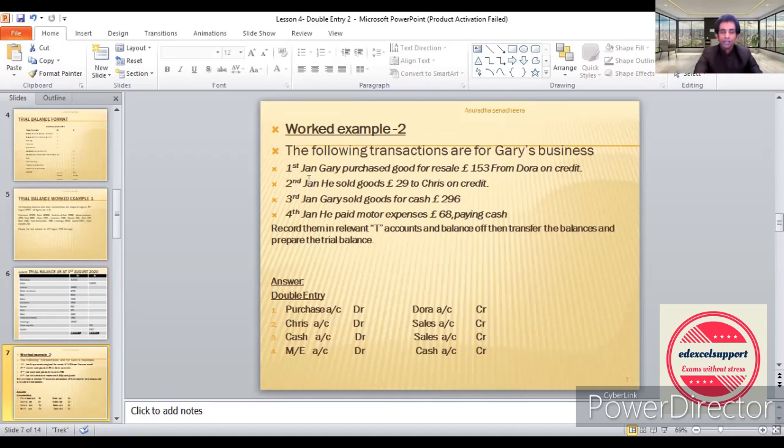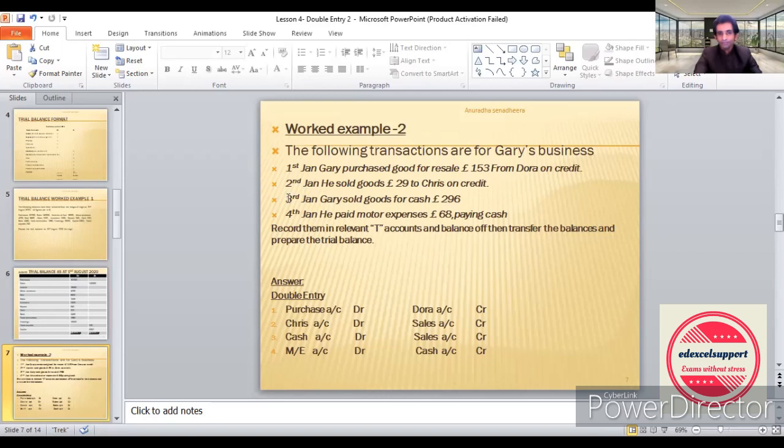So the double entry in the first one: he did a credit purchase. So the purchase account will be debited and the relevant trade payable account, Dora, will be credited. Dora account will be credited.